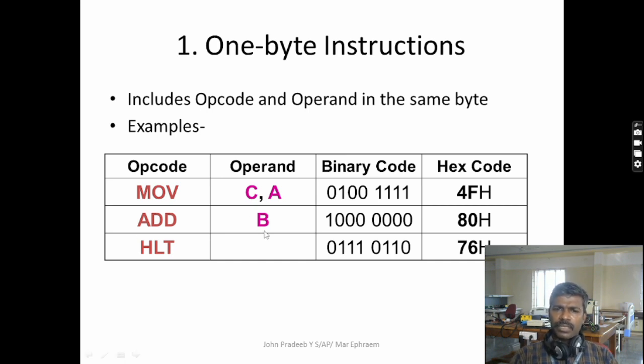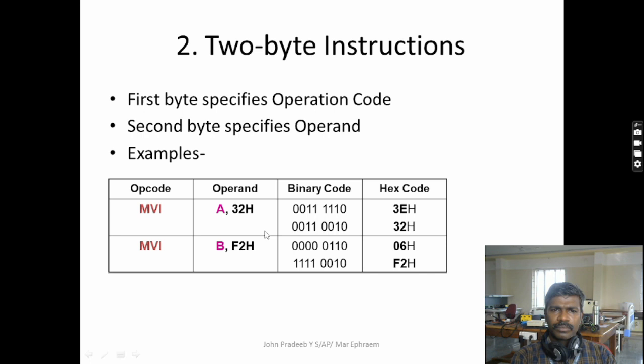Next we can see the 2 byte instruction. In a 2 byte instruction, the first byte specifies the operation code, the opcode, and the second byte specifies the operand. Commonly, in the instruction there are 2 hexadecimal digits present. For example, two instructions are available: MVI A, 32H.